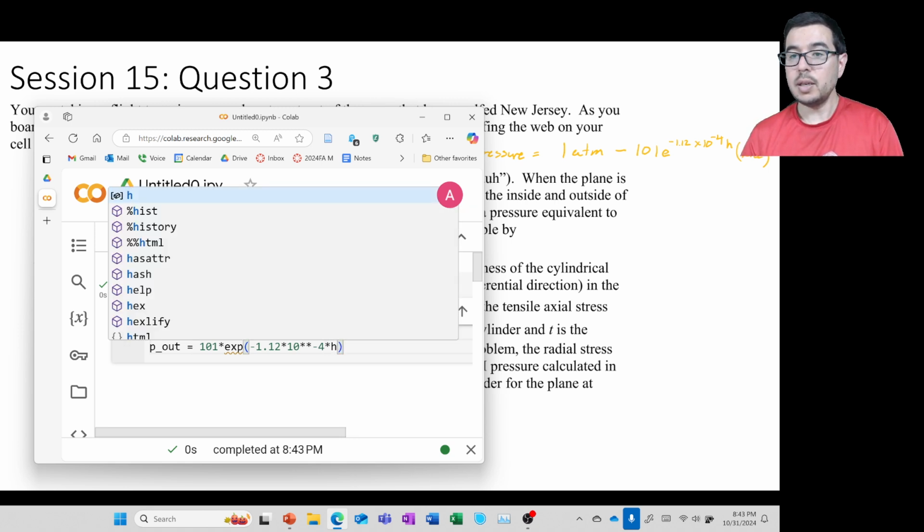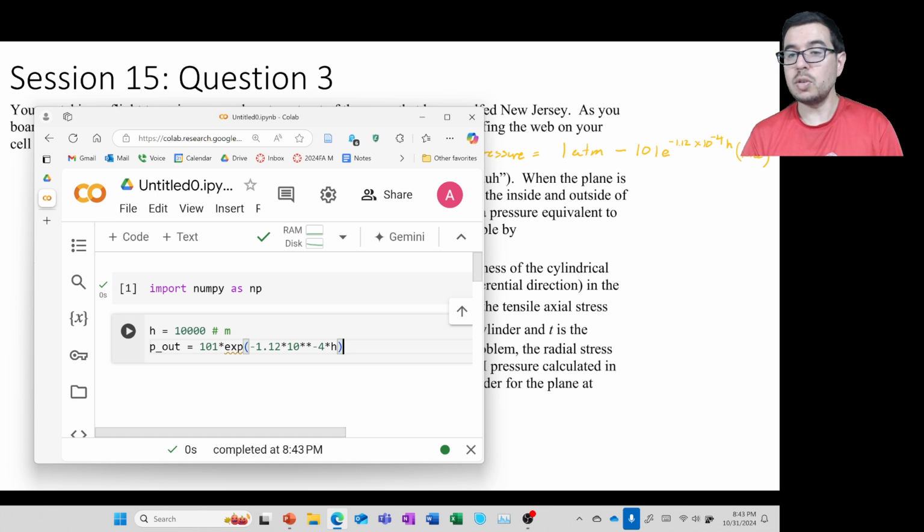And that should do it. That's going to give it to us in kilopascals. But maybe we want to put it into pascals, so we'll do times 1,000, and so that will give us units of pascals.